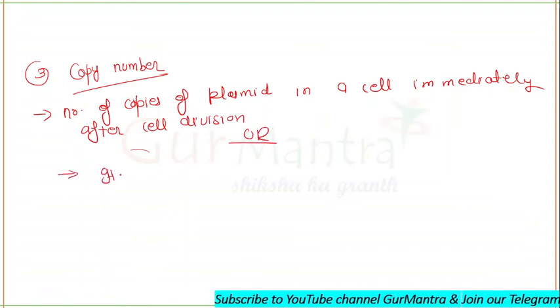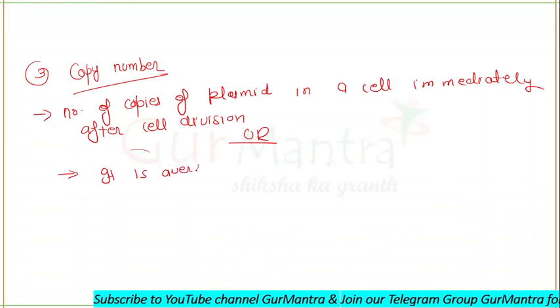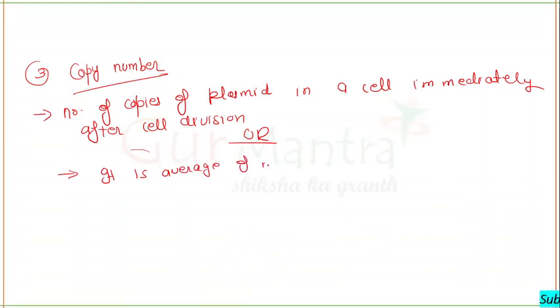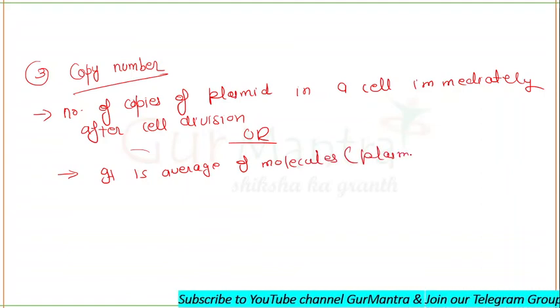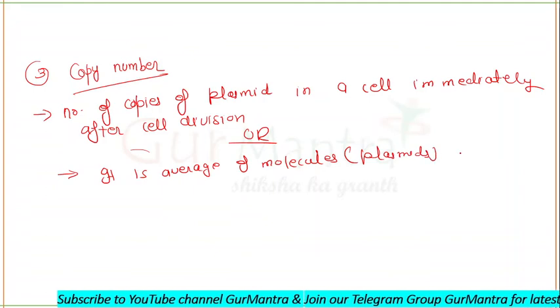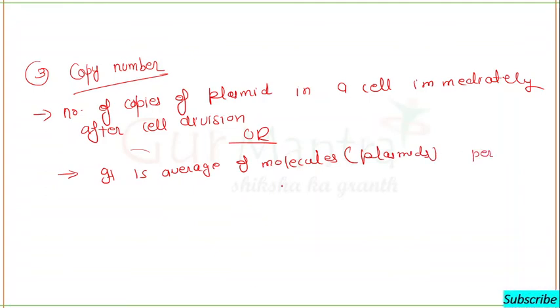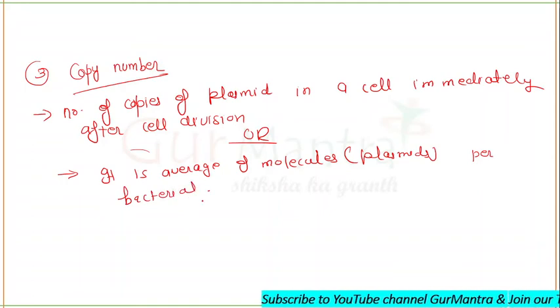It is the average number of molecules of a given plasmid per bacterial cell.